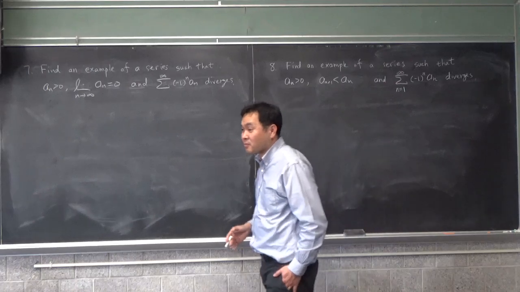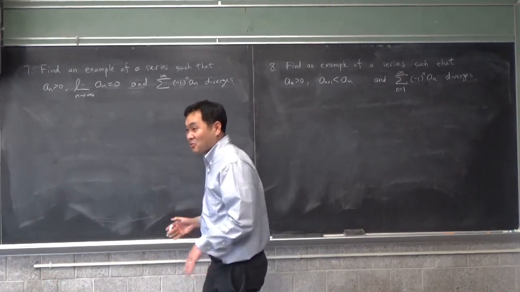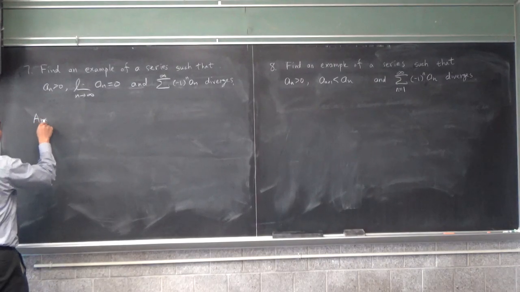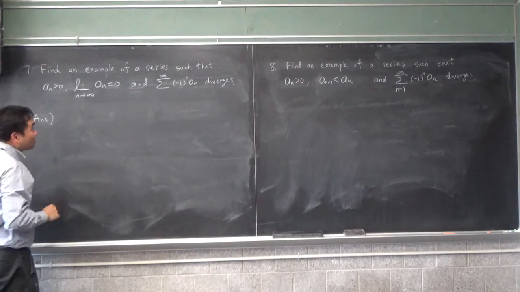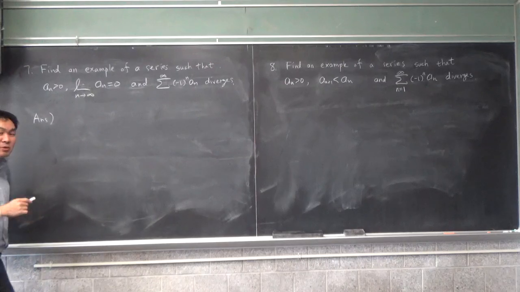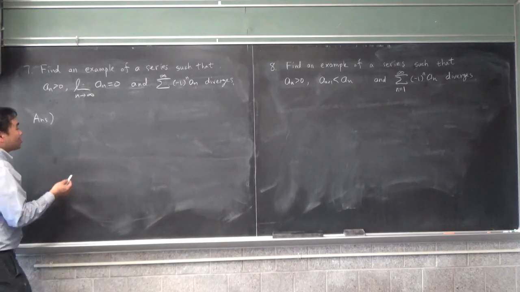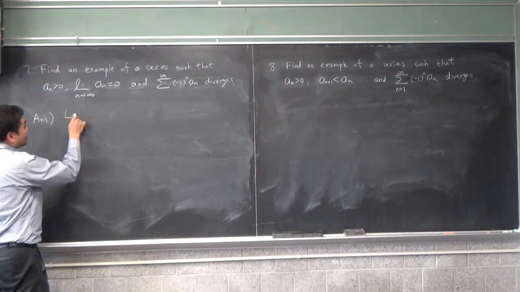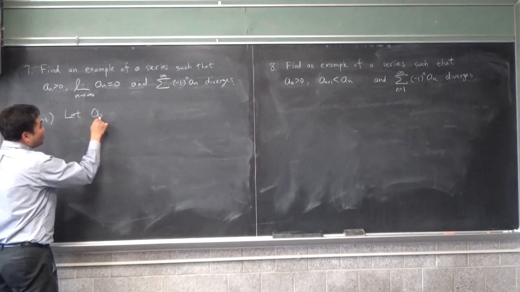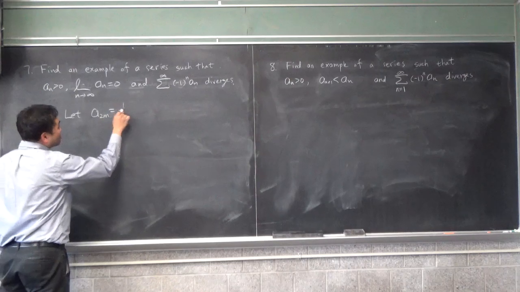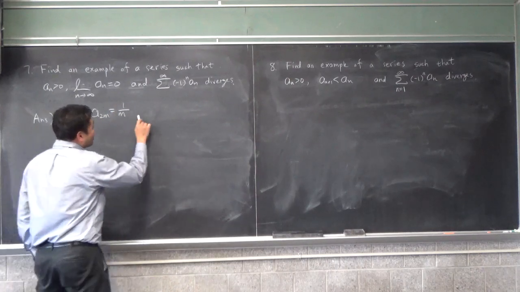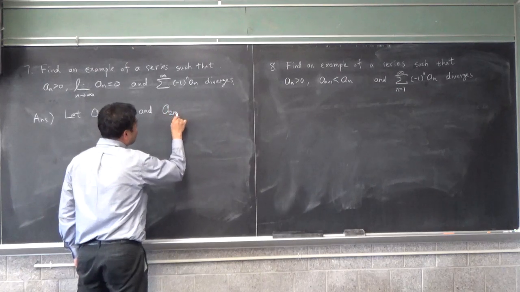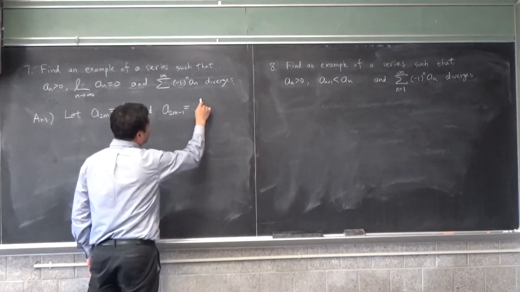What does that look like? I'm going to write you the answer for this one, but I can't think of anything that would look like that. You'll see. Of course, there are many possibilities, but one thing I want to show you is this case. Let a of 2m equal 1 over m, and a of 2m minus 1 equal 1 over m squared.